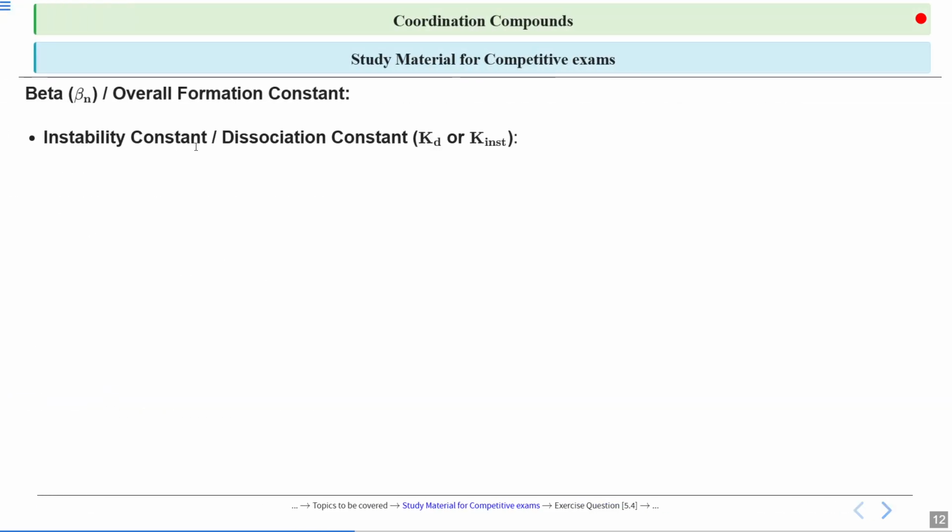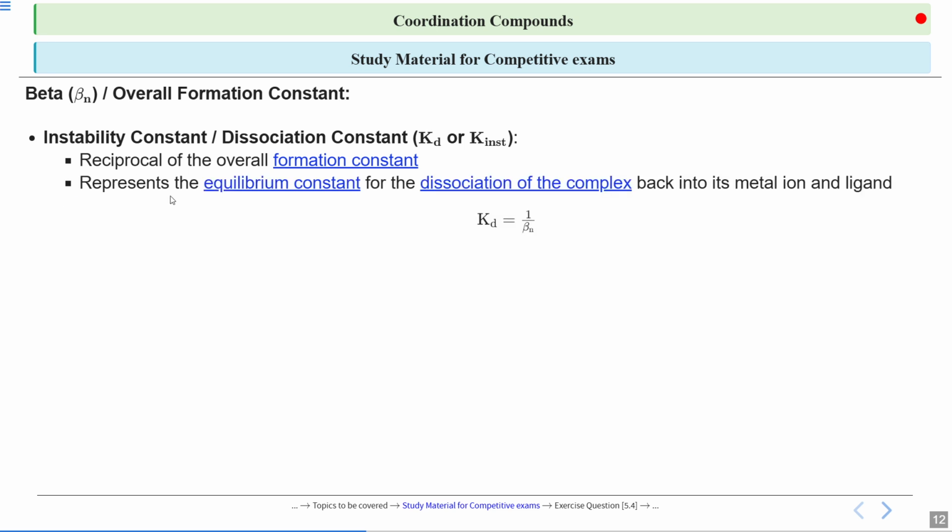Instability constant or dissociation constant, that means Kd, the dissociation constant, or Kinst, the instability constant. What are these? Basically the reciprocal of the overall formation constant is the dissociation constant or instability constant. It represents the equilibrium constant for dissociation of the complex back into its metal ion and the ligand.